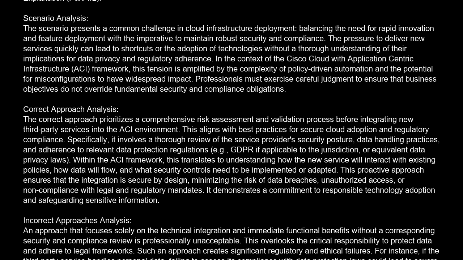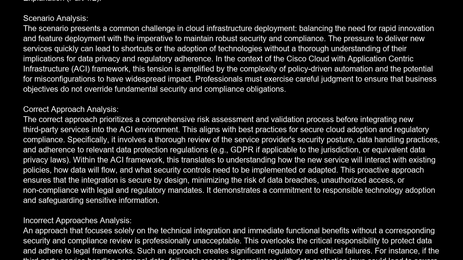Within the ACI framework, this translates to understanding how the new service will interact with existing policies, how data will flow, and what security controls need to be implemented or adapted. This proactive approach ensures that the integration is secure by design, minimizing the risk of data breaches, unauthorized access, or noncompliance with legal and regulatory mandates. It demonstrates a commitment to responsible technology adoption and safeguarding sensitive information.